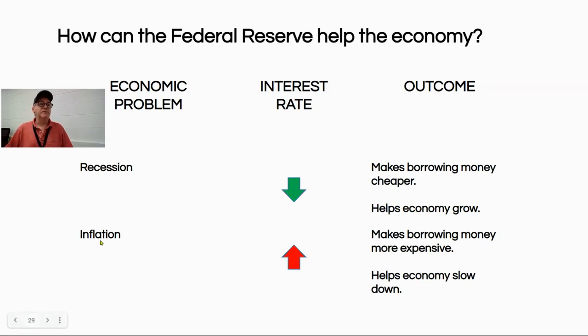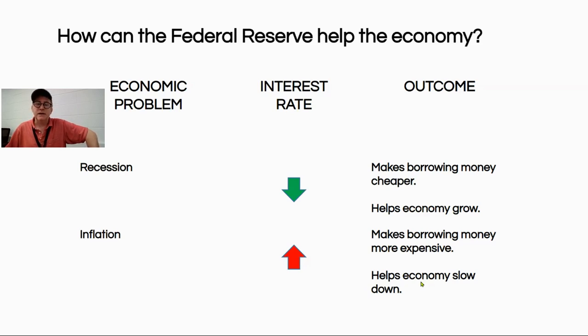During periods of inflation, the Federal Reserve can raise interest rates. This makes borrowing money more expensive. So people borrow less money because it's expensive. This helps slow the economy down. I will not buy a new car to go to work.